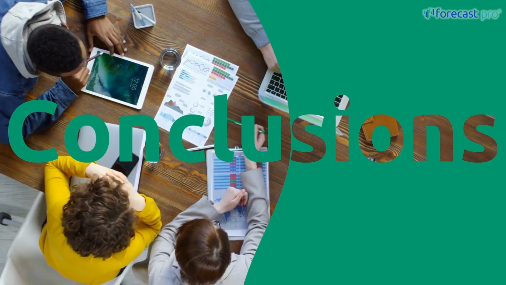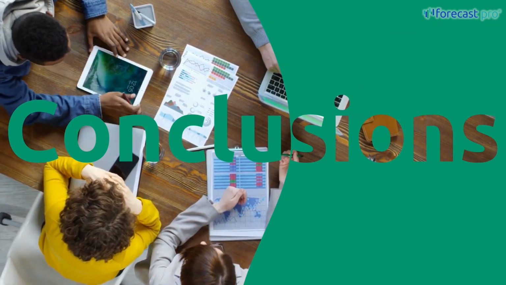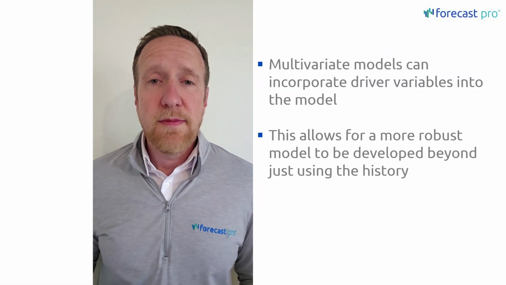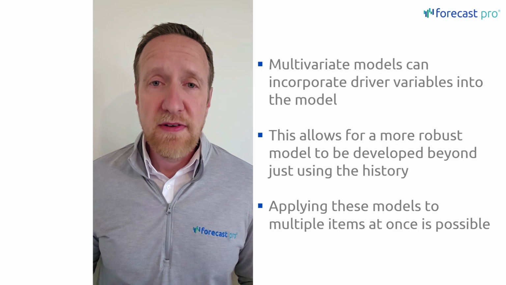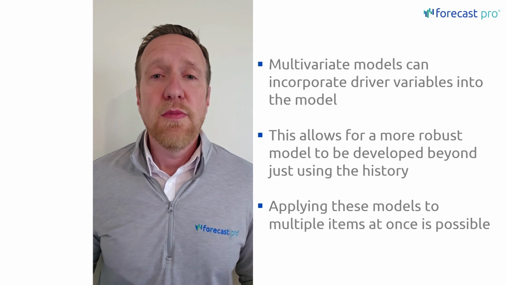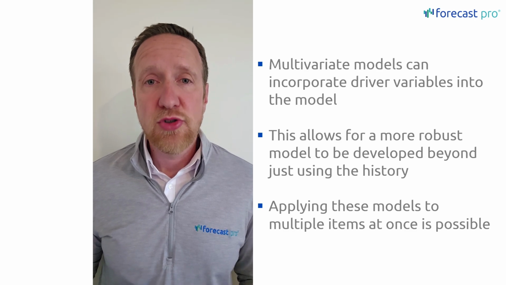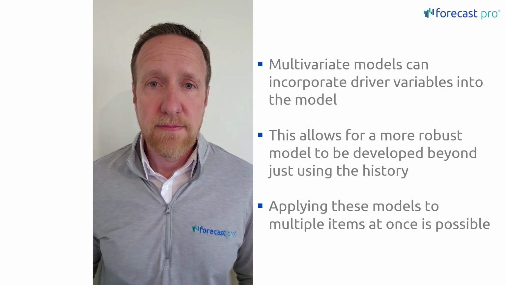Let's summarize some conclusions from this webinar. So what are some conclusions that we can come to today? As we saw, multivariate models allow you to build more in-depth and complex models than just the univariate series, which rely solely on your historical data.